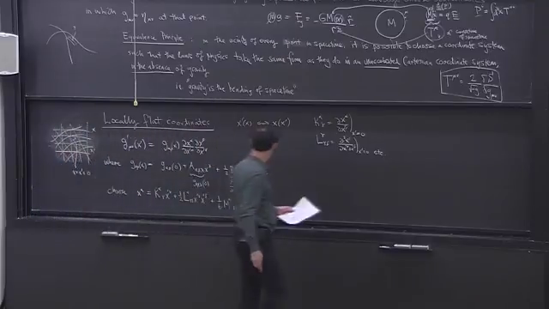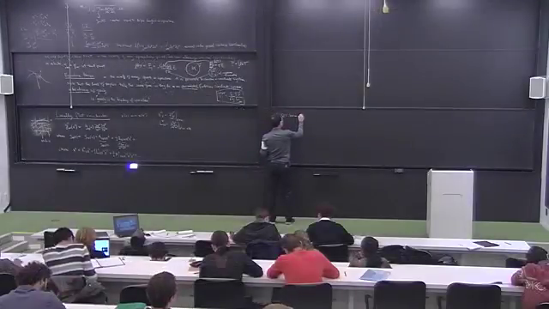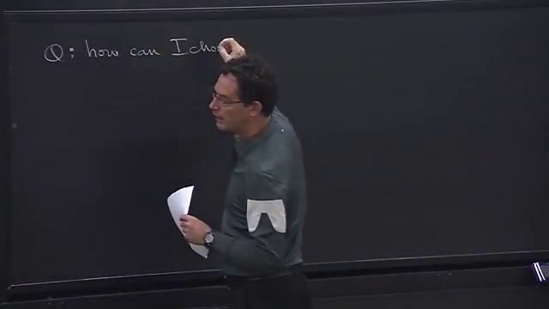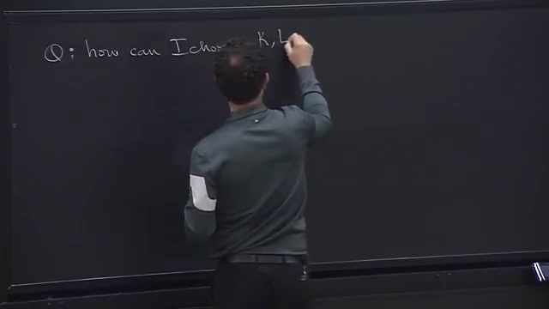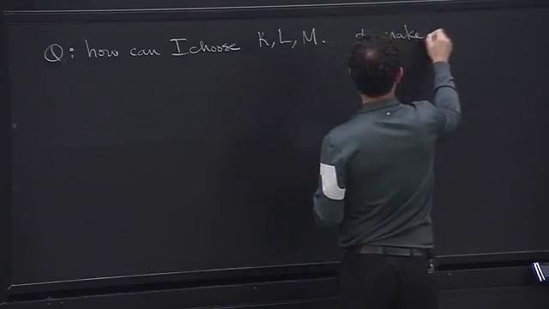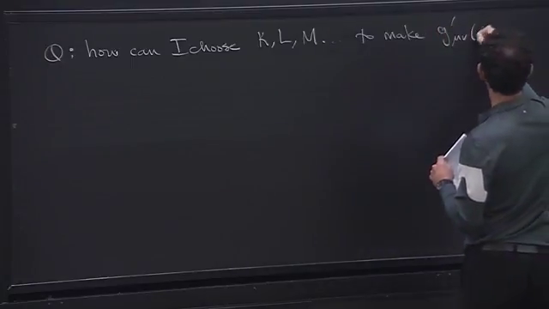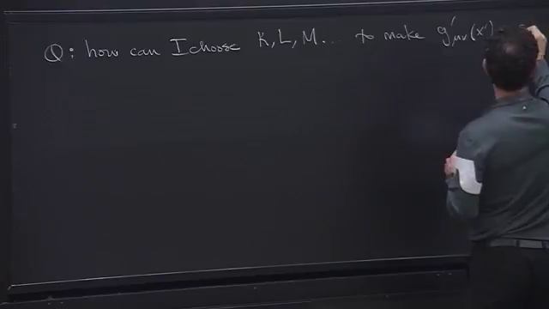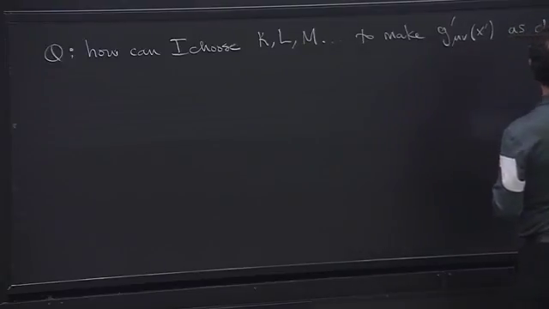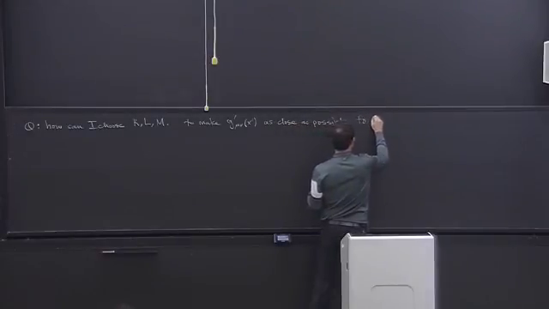So the question: how can I choose these constants k, l, m, ... to make g prime mu nu of x prime as close as possible to eta mu nu?